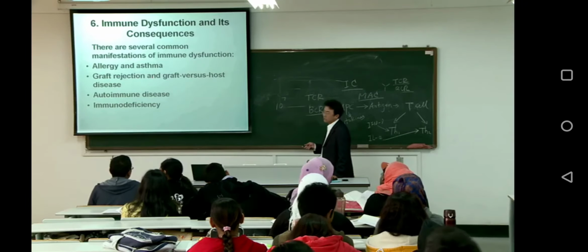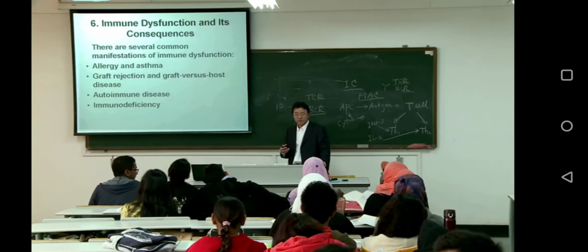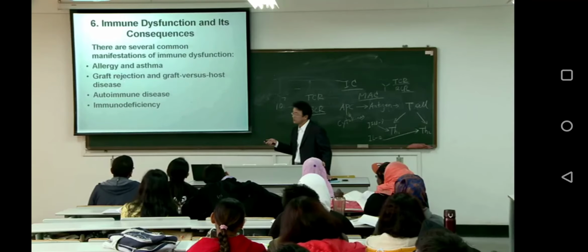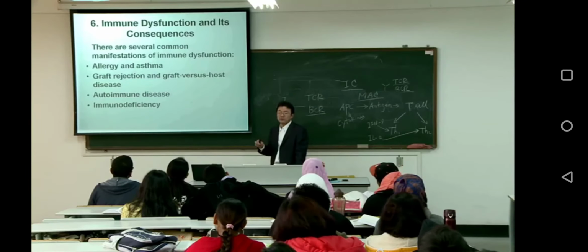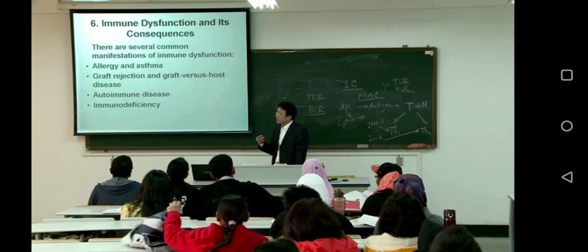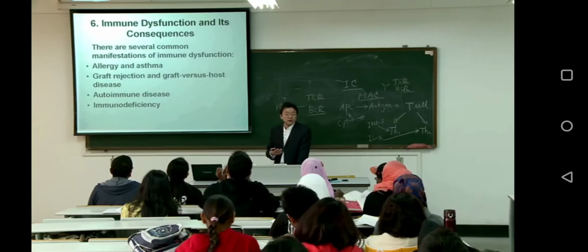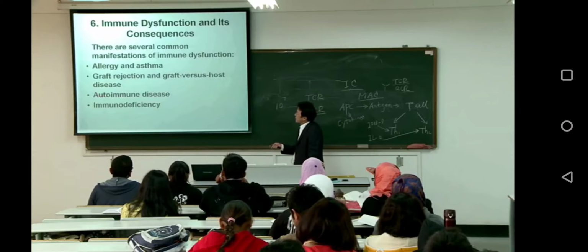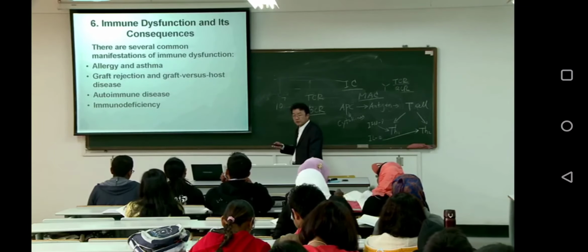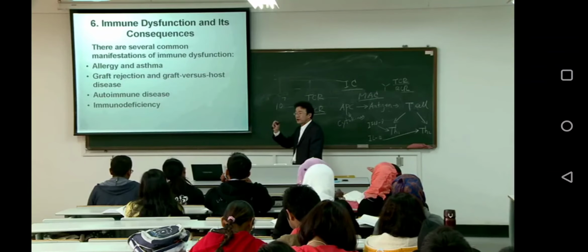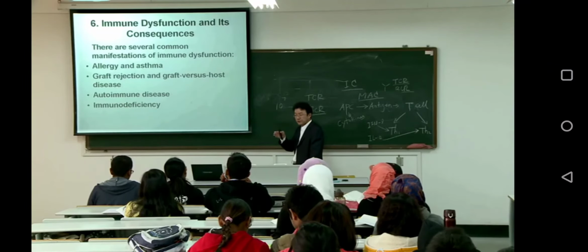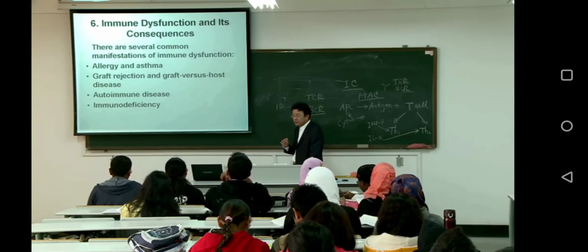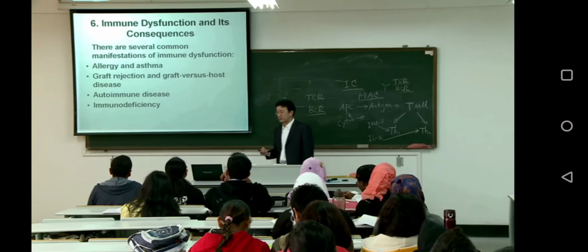And graft rejection is also an overreaction. In this case, sometimes we use an inhibitor of the immune response, so that the human body shows tolerance to the donor. And autoimmune disease also means something is wrong with the recognition between self and non-self, and the immune cell shows reactivity to its own substances.